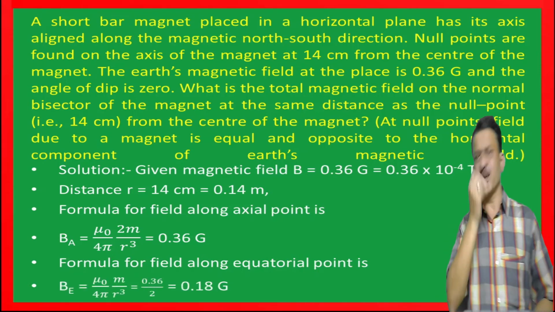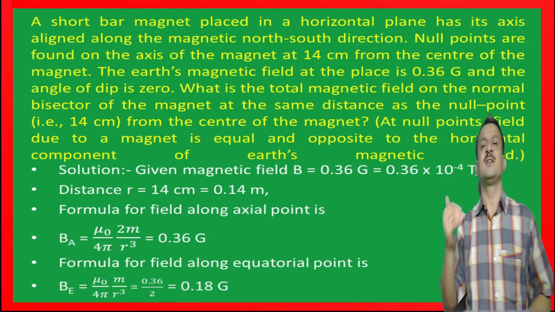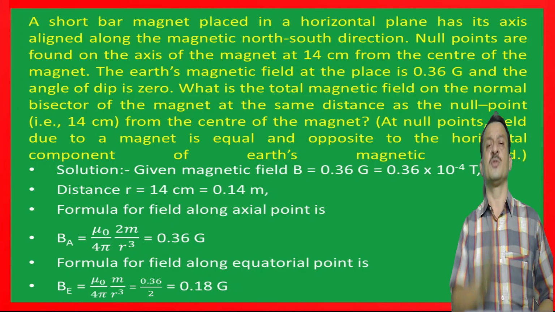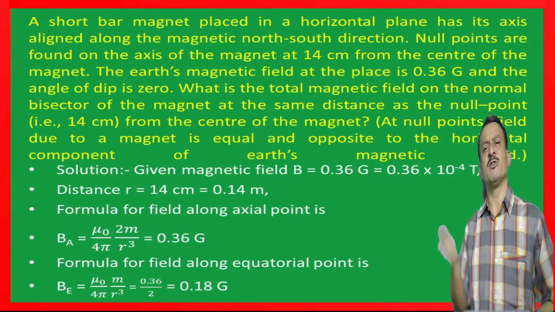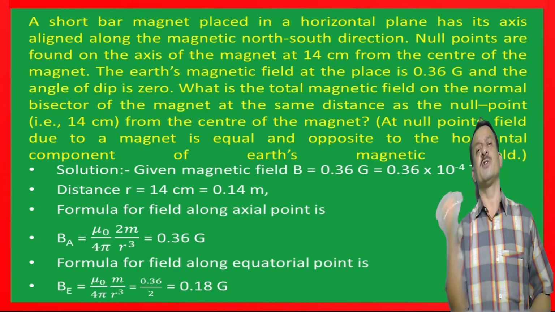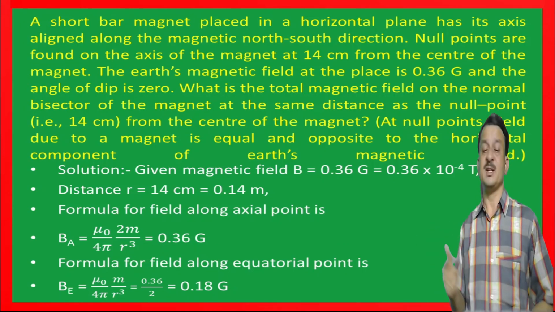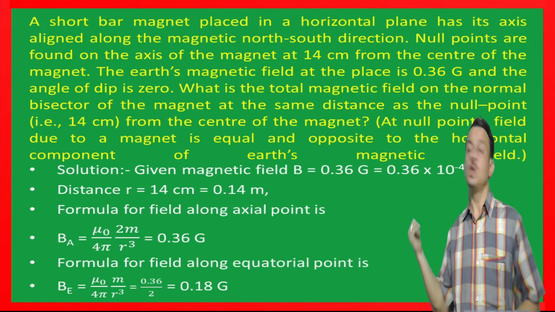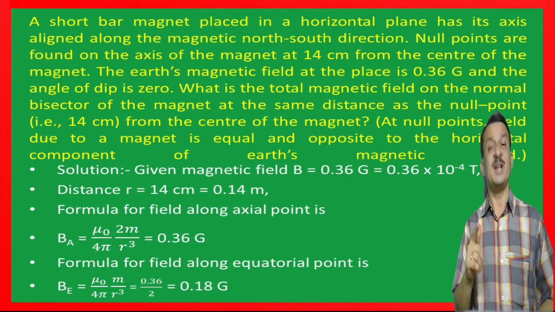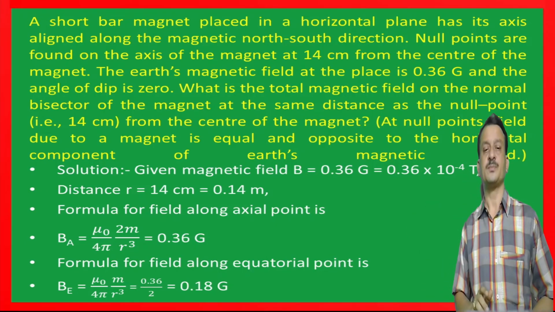It is obviously something we are already familiar with. The axial field is twice that of the equatorial field; our equatorial field is half of the axial field. Based on that concept, the equatorial field is 0.36 divided by 2, so we are getting 0.18 Gauss.